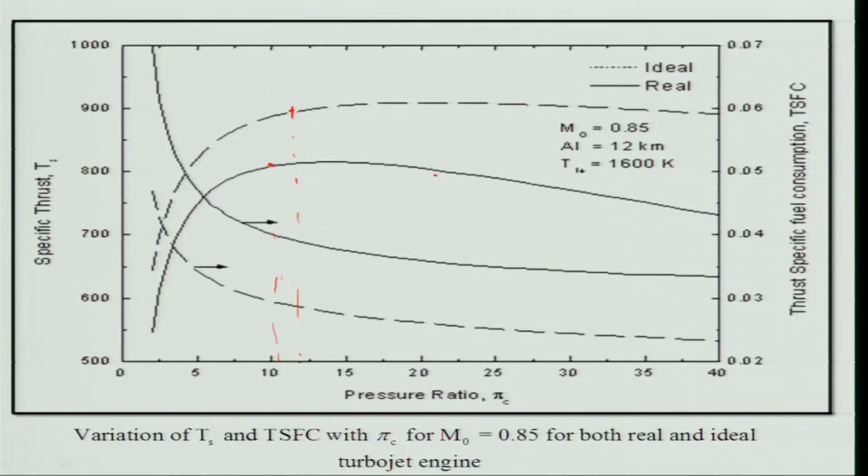Keep in mind that for the real cycle the specific thrust is much lower as compared to the ideal cycle, because the dashed line is the ideal. Why? Because there are losses, and as a result the mass flow rate you need to have the same kind of thrust will be higher.